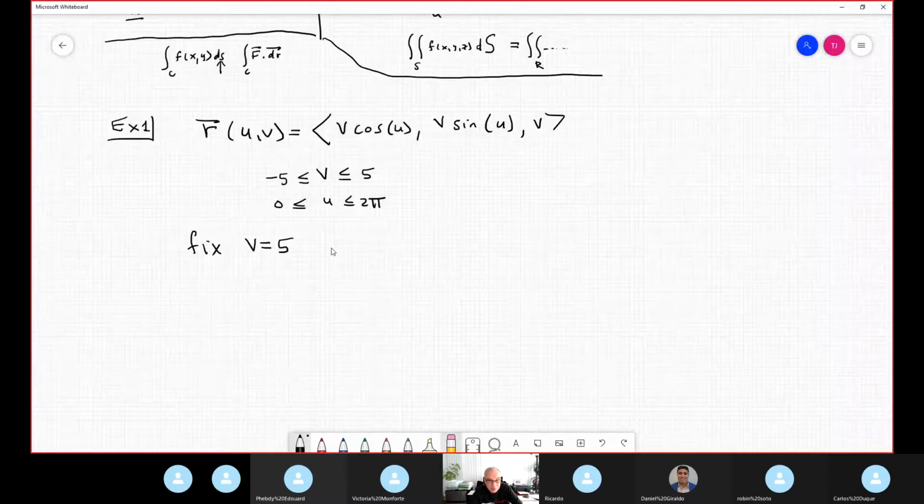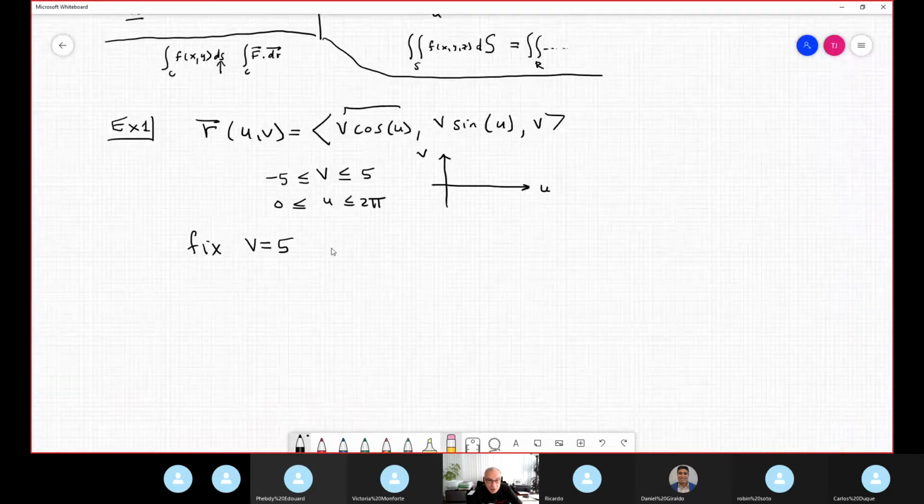Look, this is the domain, the famous UV plane, no? But I want to see the representation in the normal X, Y, Z plane.